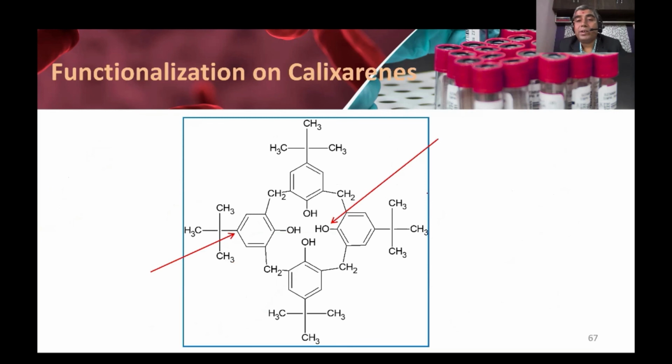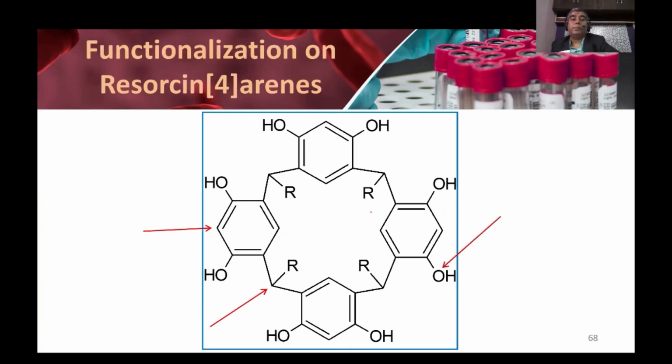Now, how can we functionalize these different calixarene derivatives? Calixarene can be functionalized on this hydroxyl group or on this upper rim carbon. In a similar way, the functionalization of resorcin[4]arene is performed at this hydroxyl group. You can add any group of your choice here.